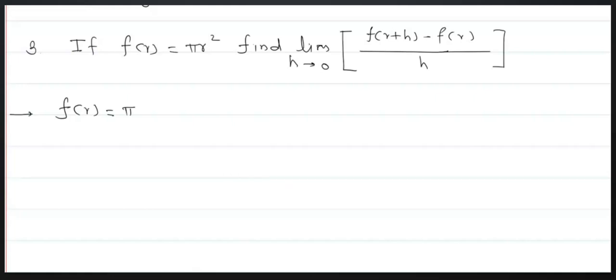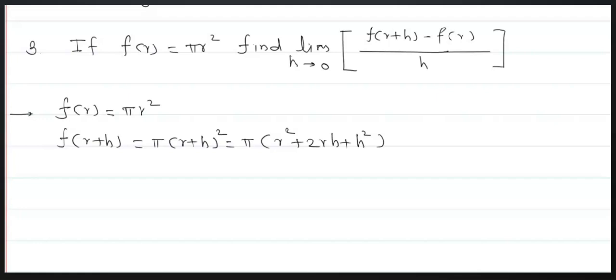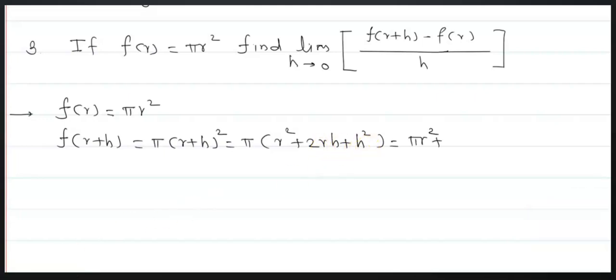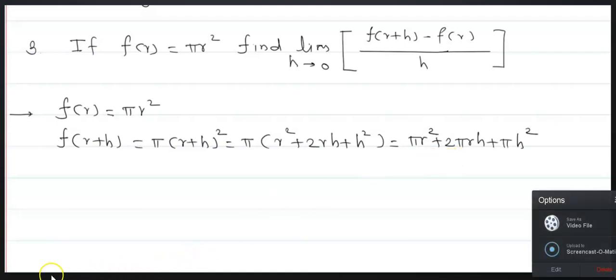It is f of r, not f of x. f of r is equal to pi r square. f of r plus h is pi in bracket r plus h bracket square. Now r plus h bracket square means what? r square plus 2rh plus h square. That is pi r square plus 2 pi rh plus pi h square.